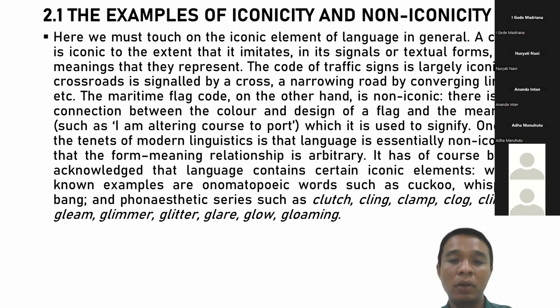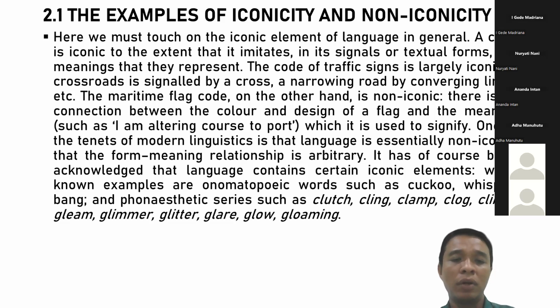For example, you usually see a crossroad signaled by a cross, a narrowing road by converging lines, etc. Meanwhile, when you want to determine non-iconicity, you can use the example of the maritime flag code.